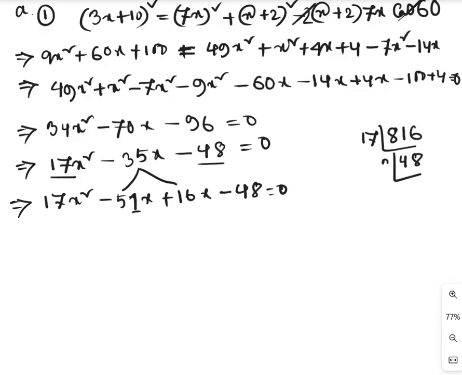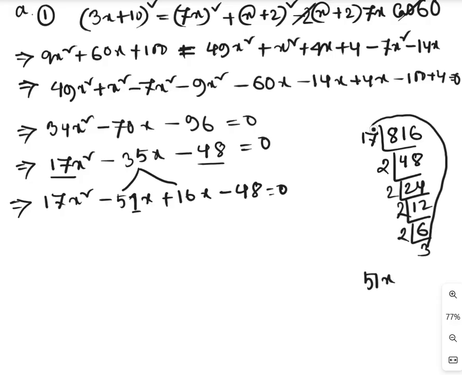Then you have to divide by 2. Then it will be 12, 24. Then 2, then again 12, then 2, then 6, and then again 2. It means this is 3. So if you multiply 17 times 3, then it becomes 51x.